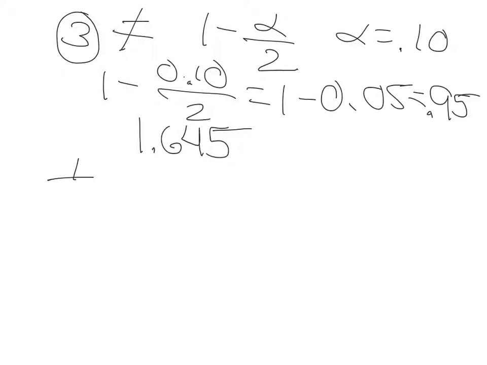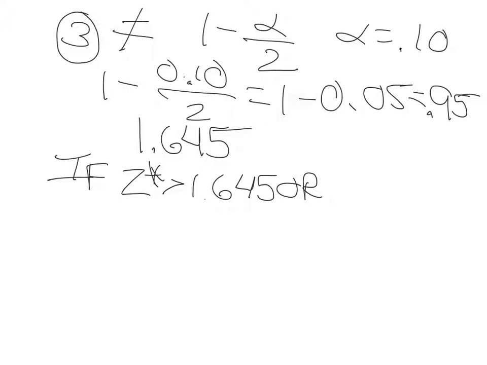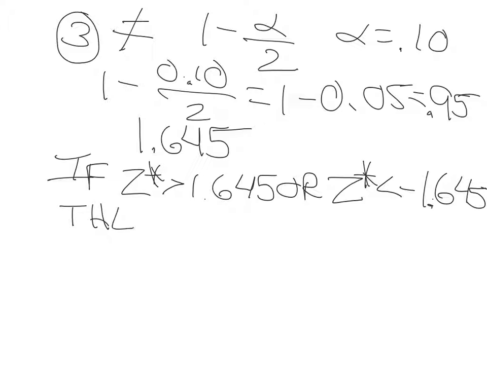So our if-then is going to be: if Z star is greater than 1.645 or Z star is less than negative 1.645, then we reject H0. Okay, because it's the two-sided one.